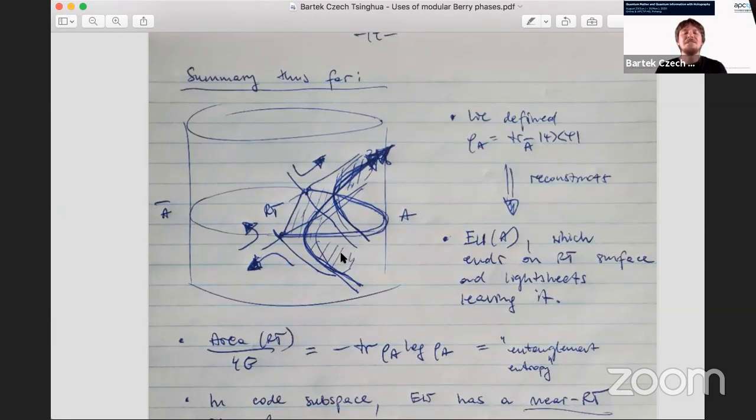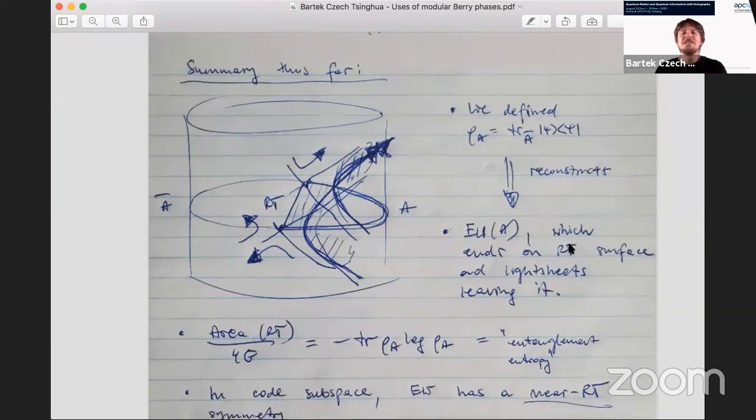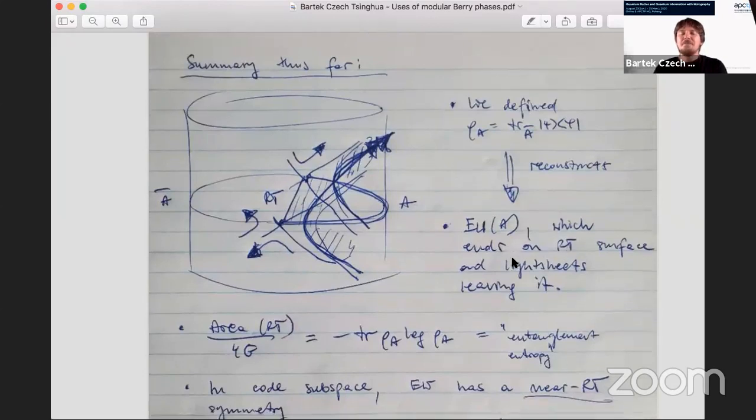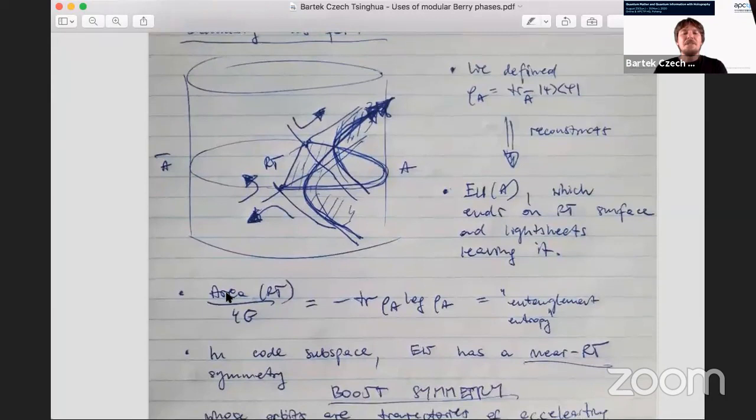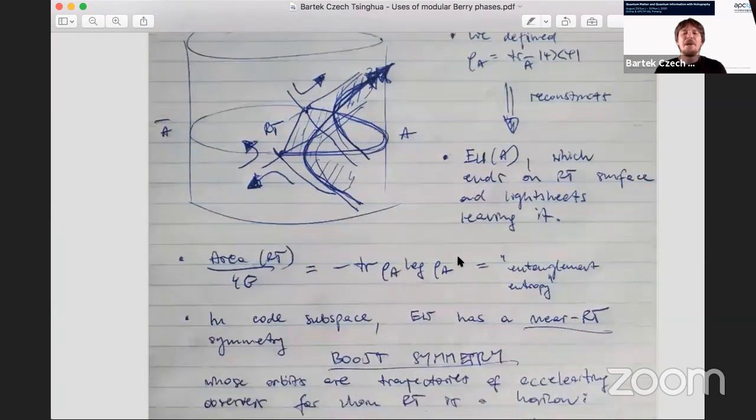There is an AdS/CFT type duality, an entry in the dictionary, that takes this and spills out that, or vice versa. So knowing this, reconstruct the entanglement wedge of A. Okay, and then we knew that the area of the RT surface in units of 4G is the entanglement entropy, and it equals the von Neumann entropy of this density matrix rho A.